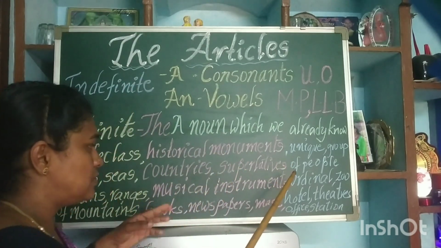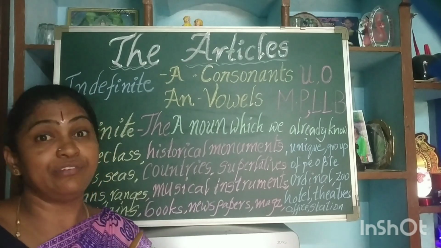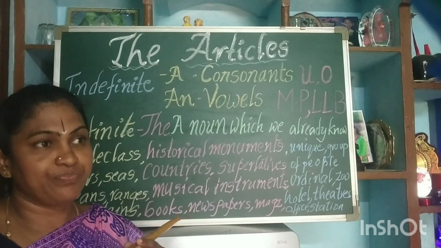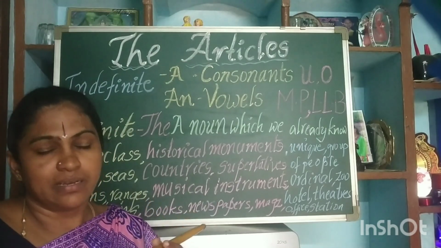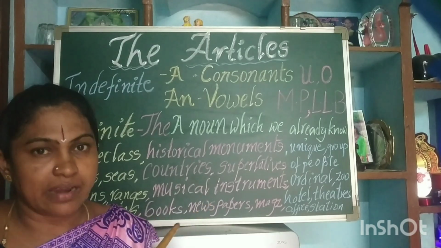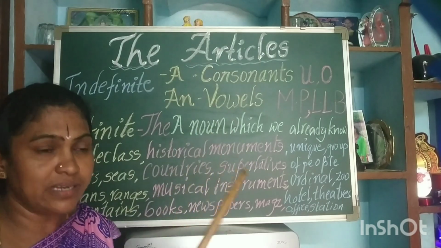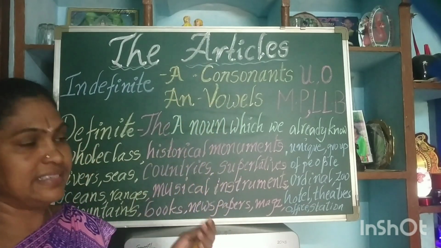Okay. Next, coming to musical instruments, like the flute, the tabla, the harmonium, the guitar. These are musical instruments. So before the musical instrument names you have to use "the".